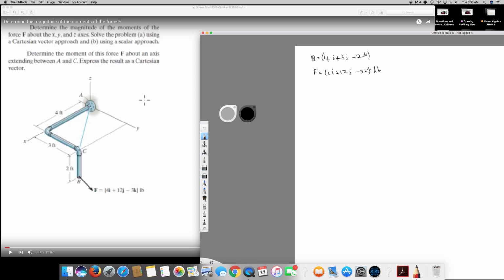And first, if I choose the scalar approach to find the moment about the x coordinate, I first put a general formula for this. So if x is here, we have to put y and Fz, then z and Fy.